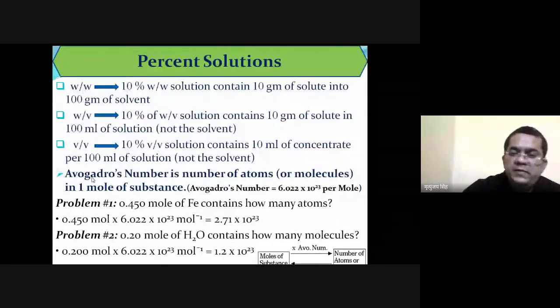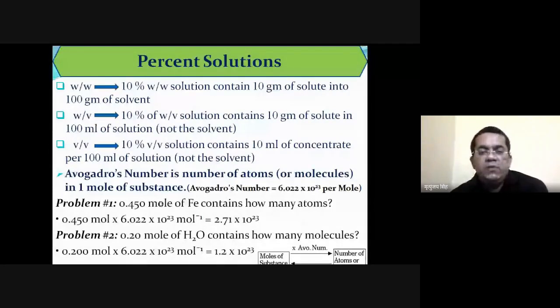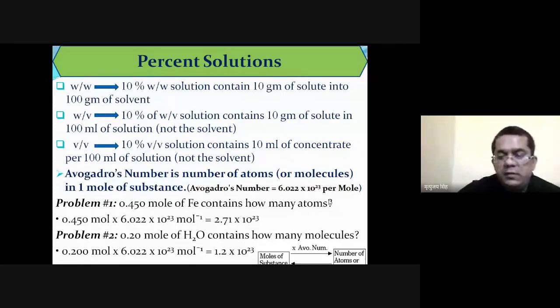Avogadro number is the number of atoms or molecules in 1 mole of a substance. That means 1 mole of a substance contains 6.022 into 10 to the power 23 molecules or elements.